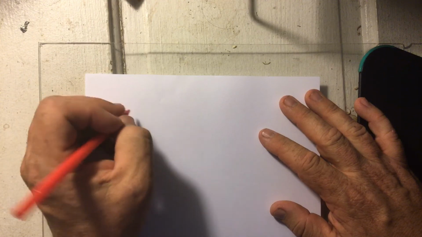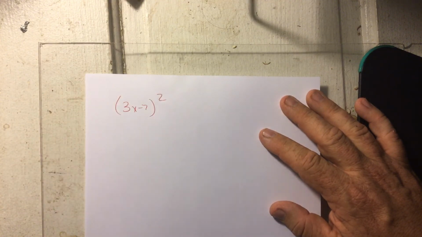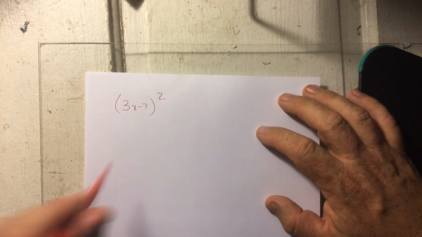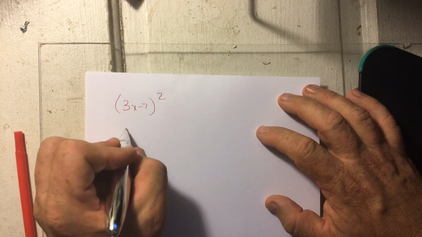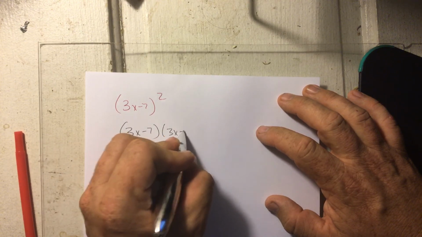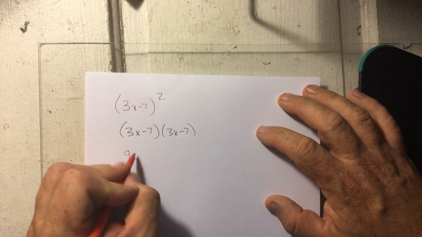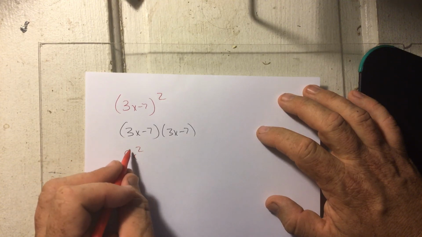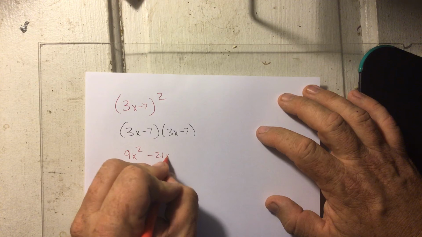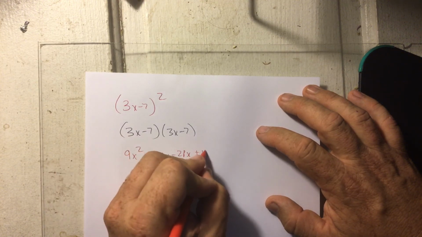And I'm just going to throw out an example problem. 3x minus 7 squared. This here is 3x minus 7 times 3x minus 7. You have to multiply from there. So you get 9x squared minus 21x minus 21x plus 49.